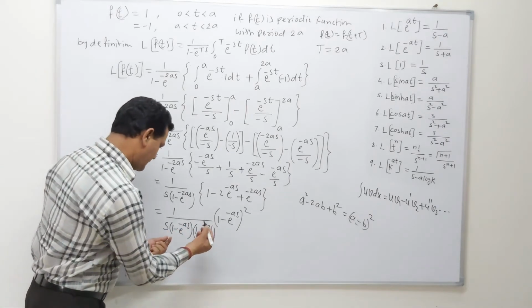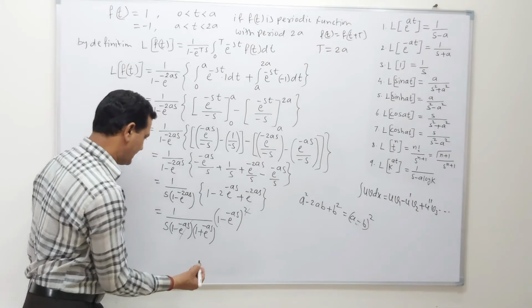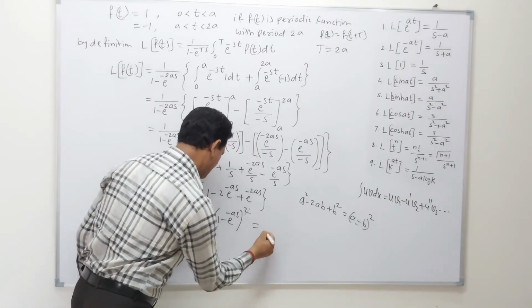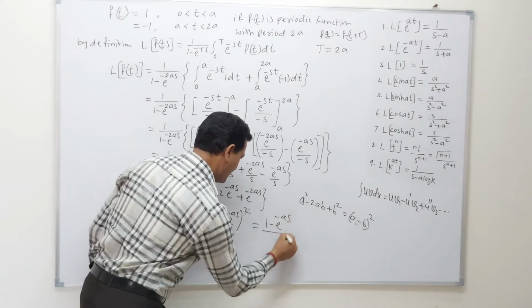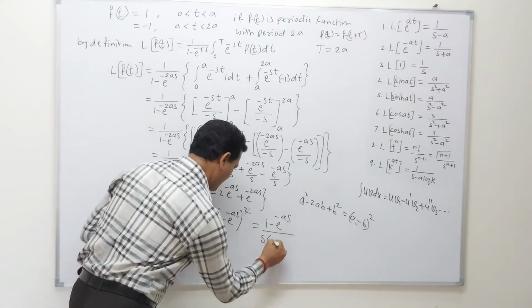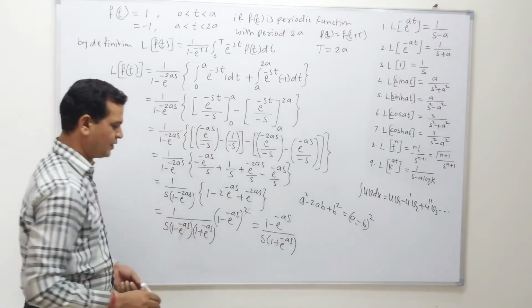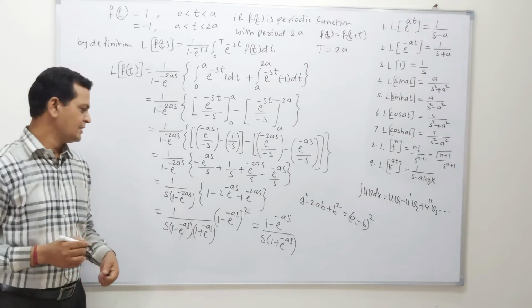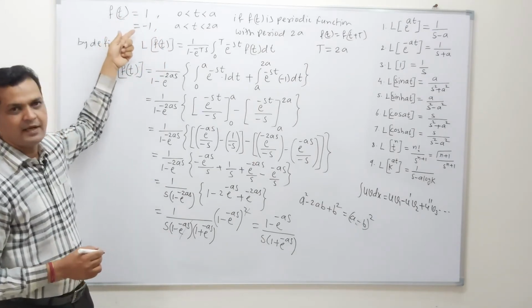So now one term will get cancelled, this term and this power will get cancelled. So we get the next step as 1 minus e raised to minus as upon s into (1 plus e raised to minus as). So now this is the answer related to the question f of t is equal to 1 and minus 1.